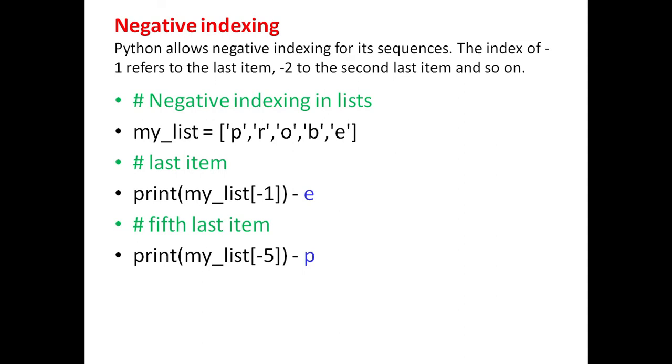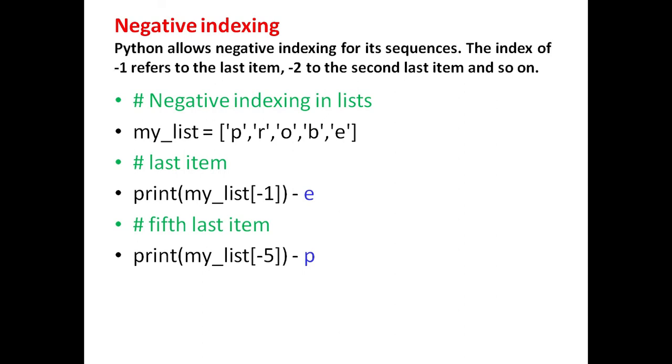Next is negative indexing. Python allows negative indexing for its sequences. The index of -1 refers to the last item, -2 to the second last item and so on. Here we will see an example.